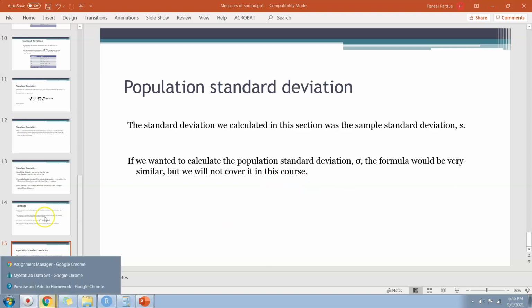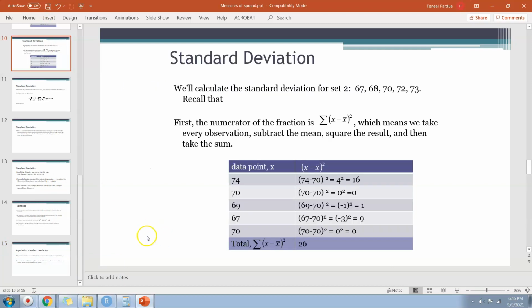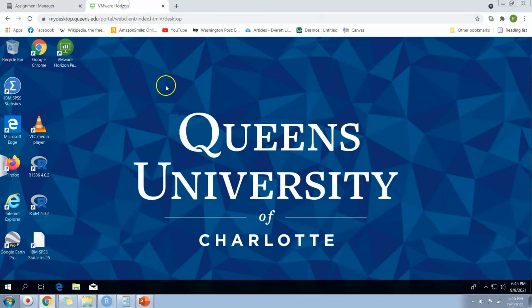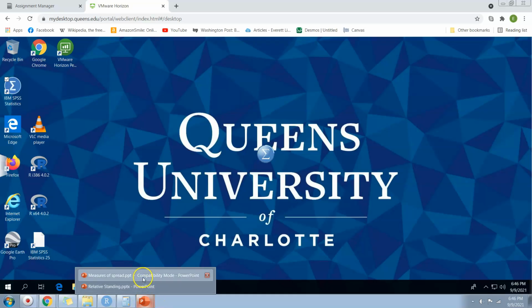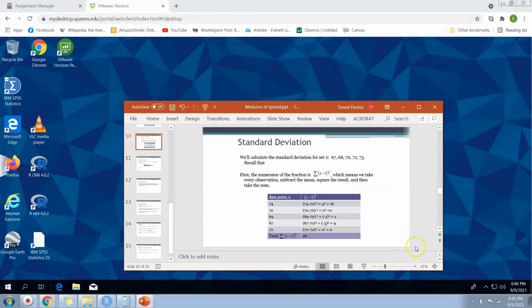All right, so let me show you quickly how to get this in SPSS. So I have pulled up the virtual desktop, and I'm going to open SPSS. And this also is going to show you how to type in data from scratch.